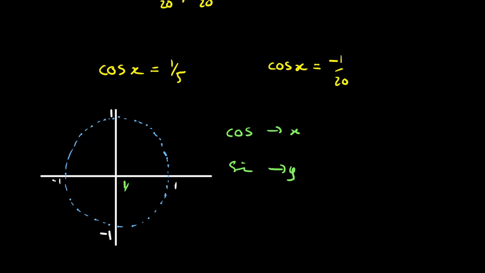So I'm going to put that here. Here's a fifth. I can draw a line that goes through like that. So what I'm looking for is these two coordinates here, because those are the two coordinates on the unit circle that give me a fifth as the x coordinate. And that means I can then find this one by using my calculator. I can do cos inverse, so I better make sure my calculator is set to degrees.